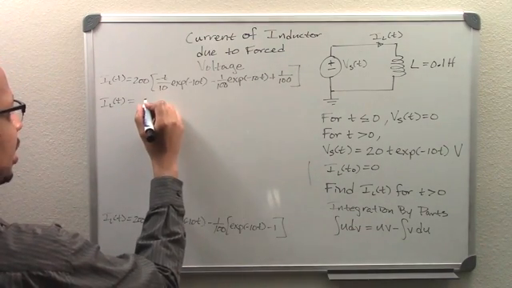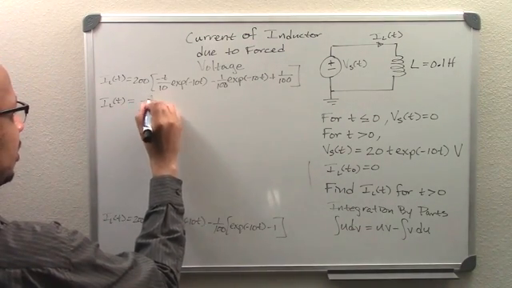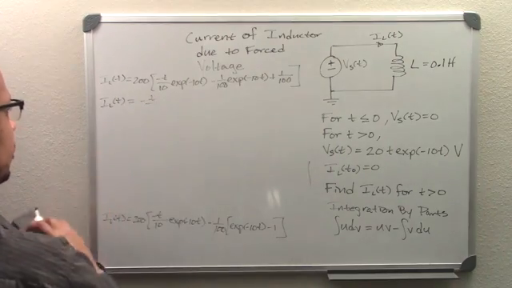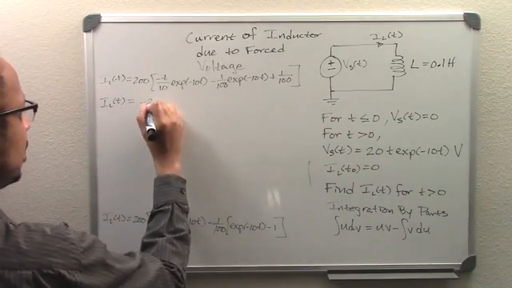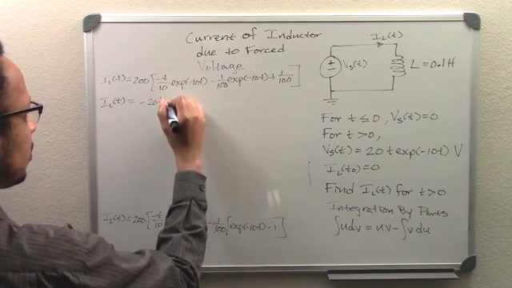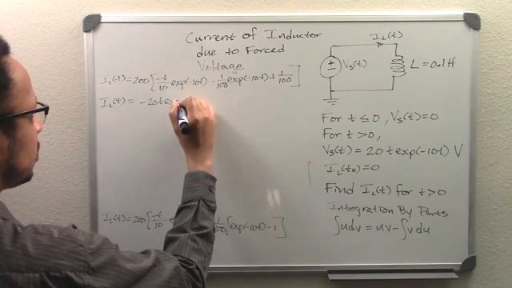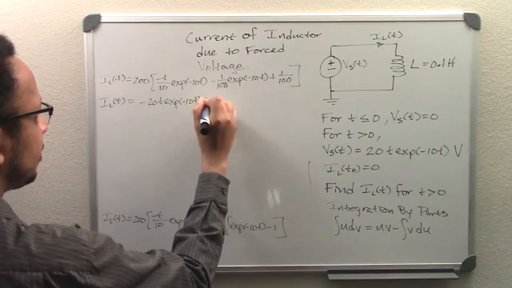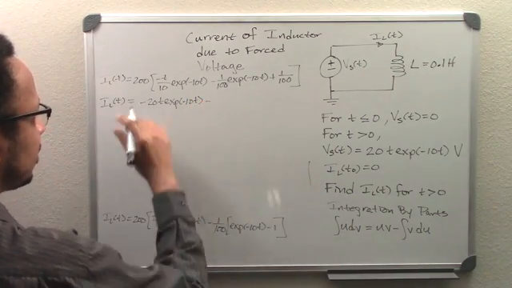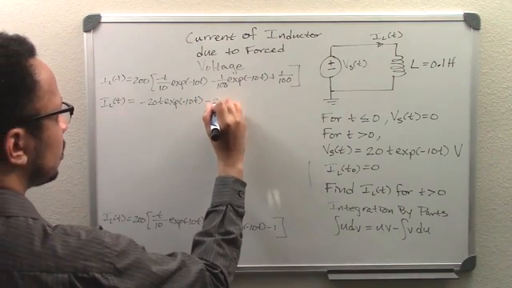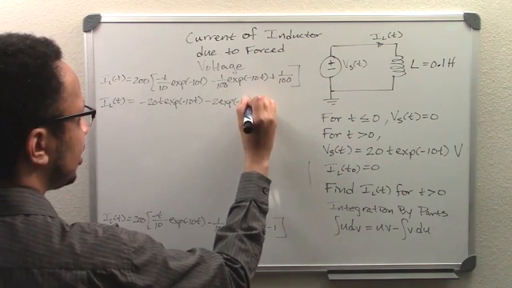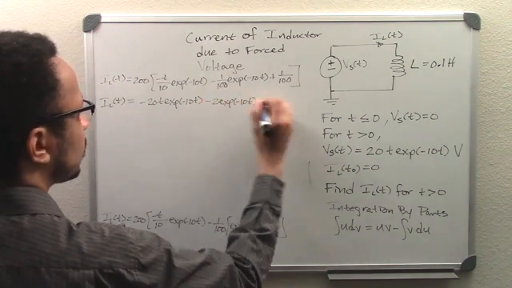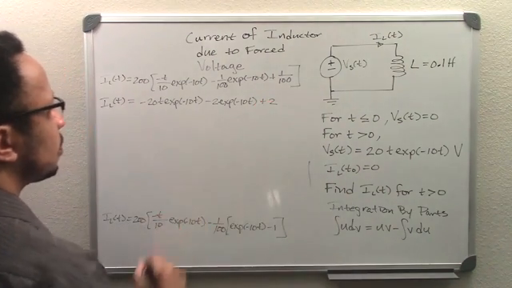So now what we have is iL of t equals negative 20t exponential negative 10t, minus 2 exponential negative 10t, plus 2.